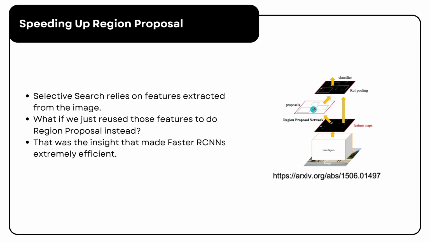Then, proposals are pooled via ROI pooling and passed to the classifier and the bounding box regressor. By integrating region proposal into the neural network, we now have an end-to-end learnable and much faster object detection system. And that was the key insight that made Faster RCNN not just faster, but also more accurate and scalable.